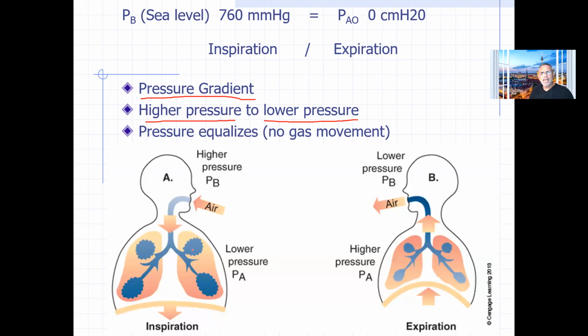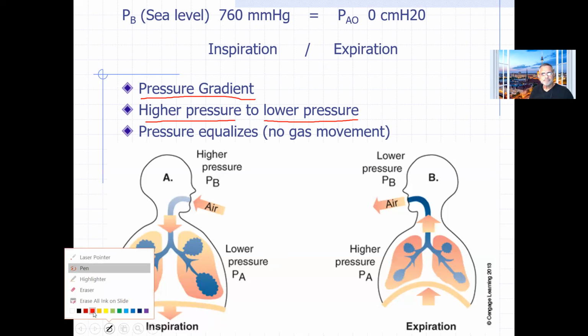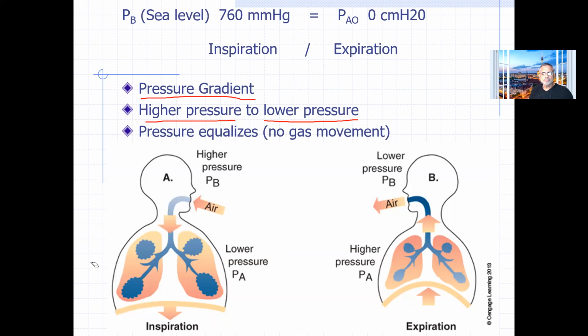But what happens during inspiration? First off, we know that the muscles contract. We've talked about that on inspiration. The diaphragm, the musculature, contracts and pulls the diaphragm down, and so we see that pull of the diaphragm.